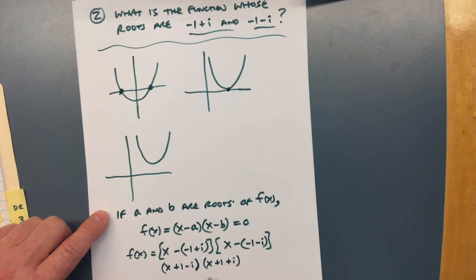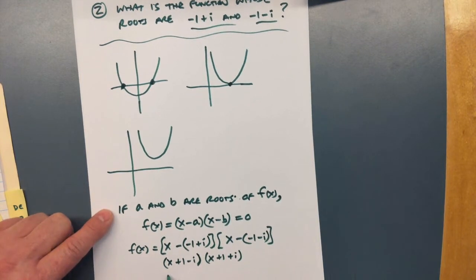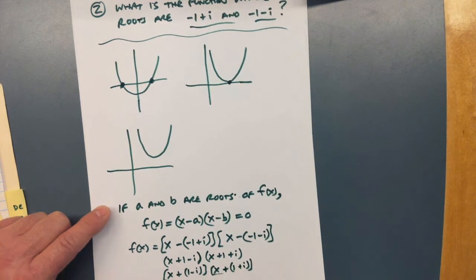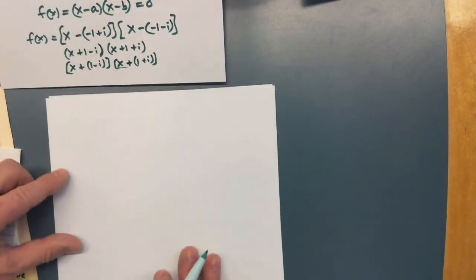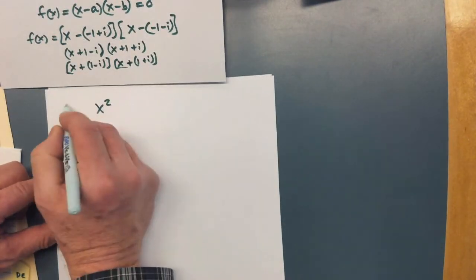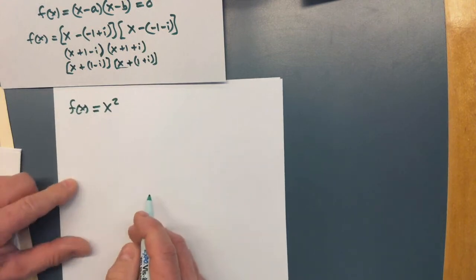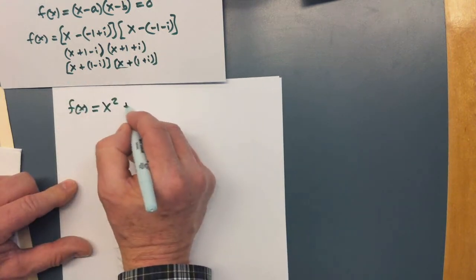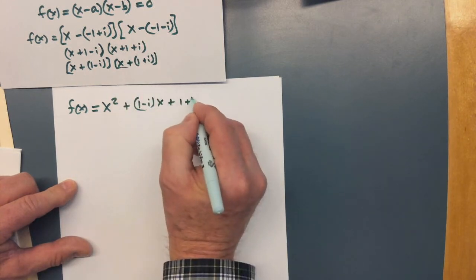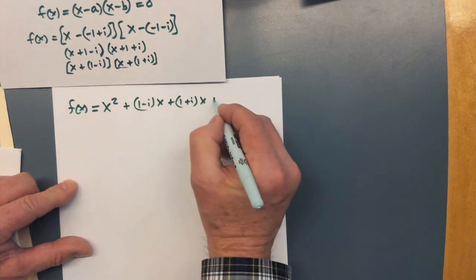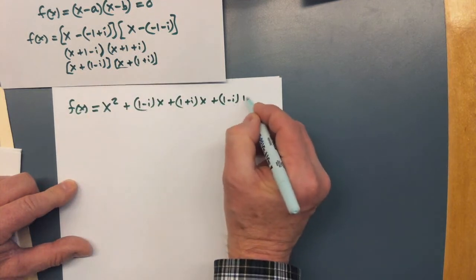If I rewrite that as (x + 1 - i) times (x + 1 + i), and multiply it together, we get f(x) = x squared plus (1 - i)x plus (1 + i)x, plus (1 - i) times (1 + i).